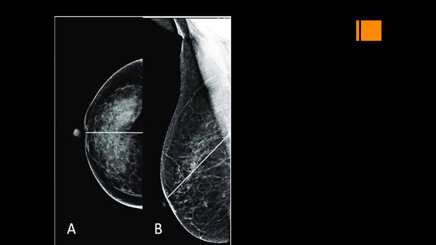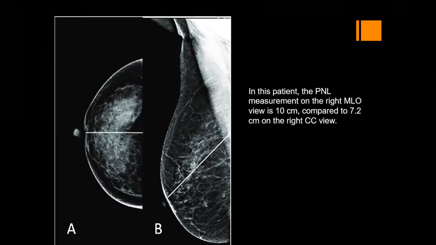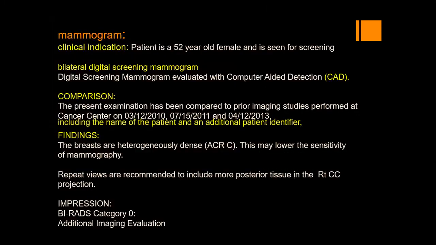How does it measure, and the difference between the two? And here, the comparison on MLO is 10 and on CC is 7.2. So it is definitely inadequate. Yes, so a significant amount of posterior tissue is excluded from the CC. So you are going to report it as BI-RADS 0.